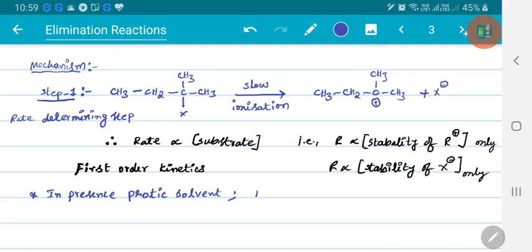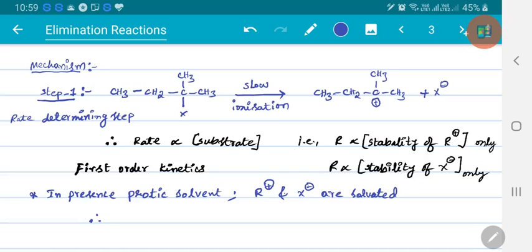That means either R plus or X minus, or we can say both R plus and X minus ions are solvated. As they are getting solvated, they are becoming more stable, so the reaction always moves in the forward direction.